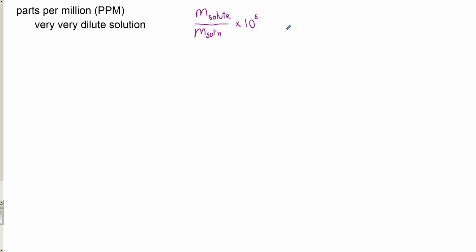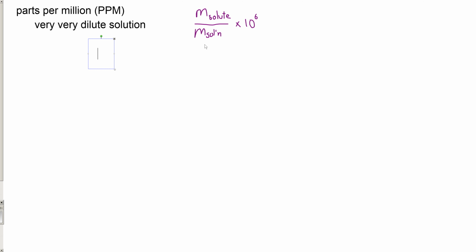That's a million. So this is the very first way of measuring parts per million. So ordinarily, when we talk about parts per million, again, it has to do with very diluted solutions where there's hardly any solute in a vast amount of solution.